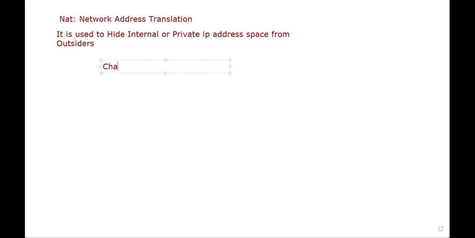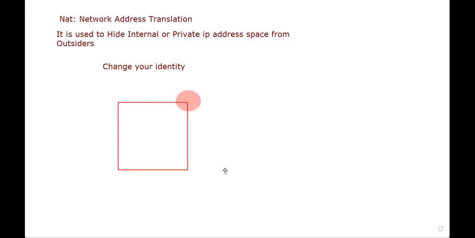You want to change your identity when you go outside. Here I'm using one router, and this router is connected with this network. Here is a switch, here is a PC, a basic LAN network.